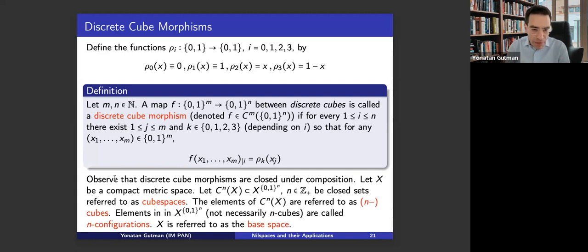So this gives you some family of discrete cube morphisms. It includes permutations of the coordinates, reflection, rotation, and so on. And one more terminology: an element in X to the power {0,1}^n, which is not necessarily an n-cube, we will call a configuration.